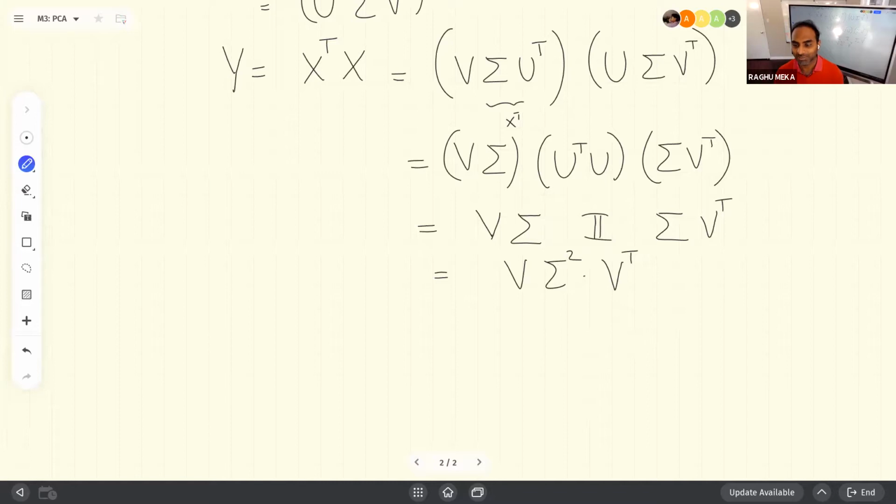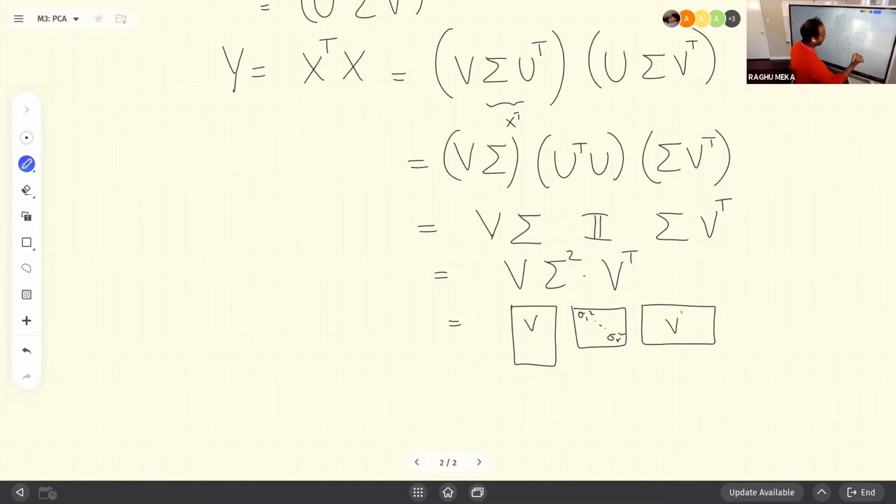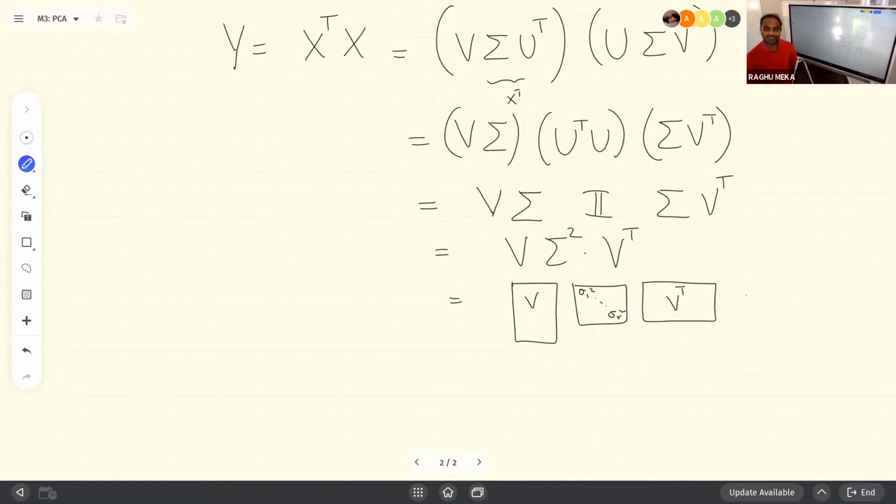Remember, sigma was a diagonal matrix, so it's just the diagonal entries squared. So I have my V, then sigma 1 squared down to sigma r squared, and then V transpose.